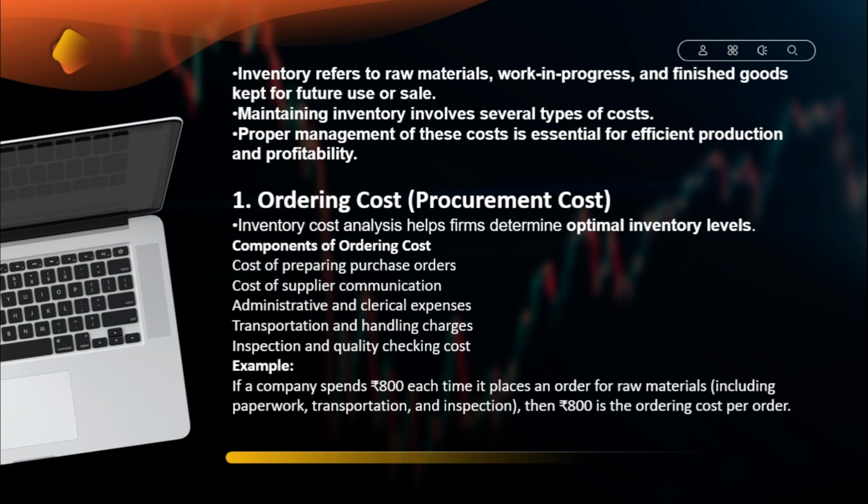Because at the time of placing an order for the things required for our product, like the raw materials, the paperwork associated with it, and the expenses on transportation and inspections, we can assume all of them as one cost, that is ordering cost or procurement cost.